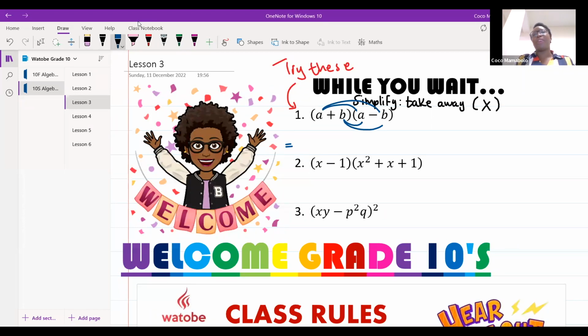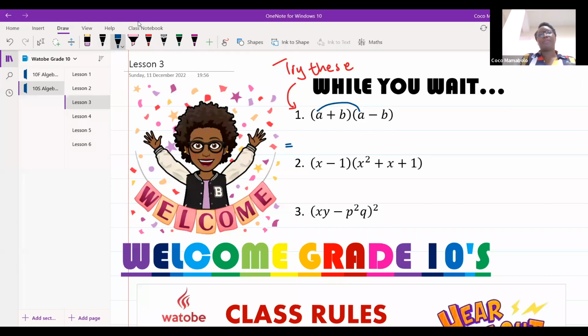Where do we start? I'm going to multiply the top. So A times A, what's that going to give me? Let me remove all my extra drawings. So A times A, what's that going to give me?